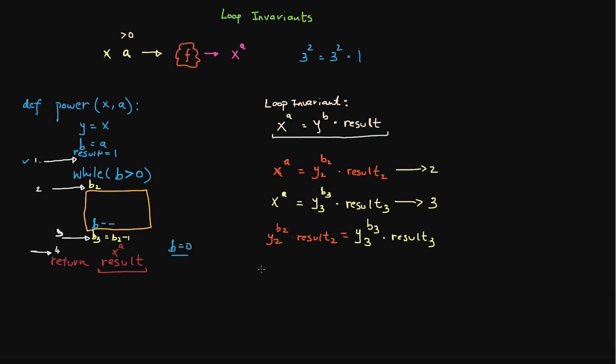So I'm going to say y2 b2 times result 2 equals y3 b2 minus 1 times result 3.